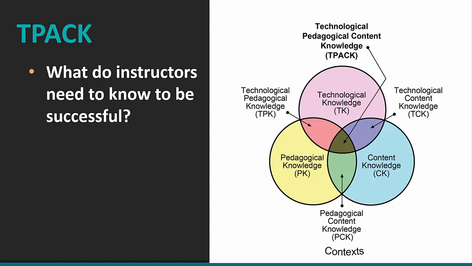You have technological knowledge, you have pedagogical knowledge, and you have content knowledge, but you also have technological pedagogical knowledge, technological content knowledge, pedagogical content knowledge, and so on. There are lots of overlaps, and there's this sweet spot right there in the middle, where supposedly all of this is optimized.